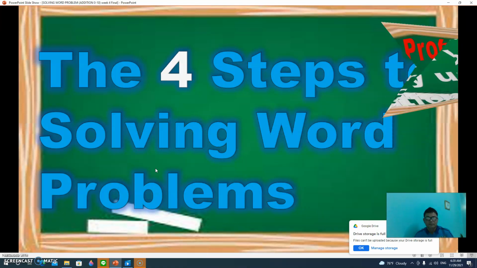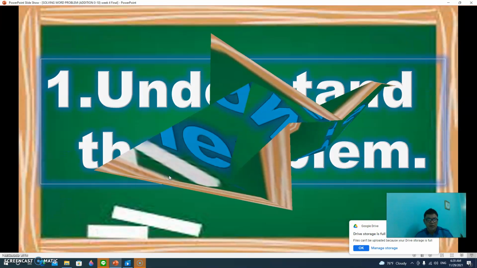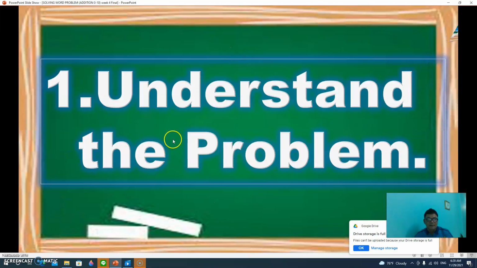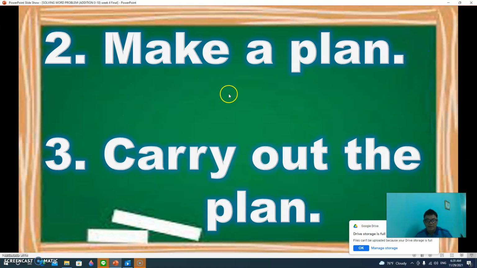There are 4 steps to solving a word problem. Number 1, understand the problem. Number 2, make a plan.